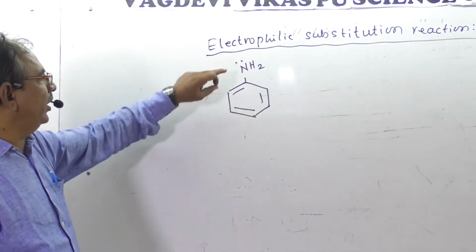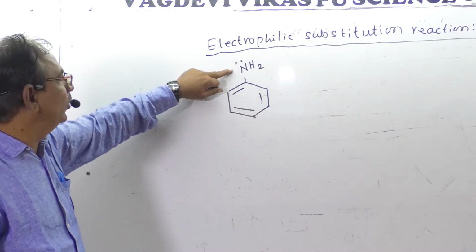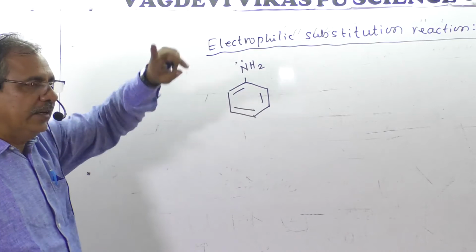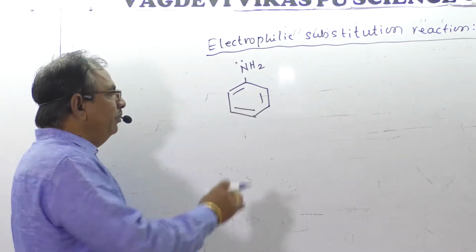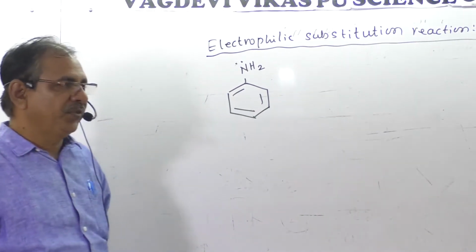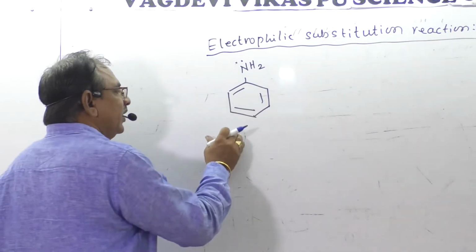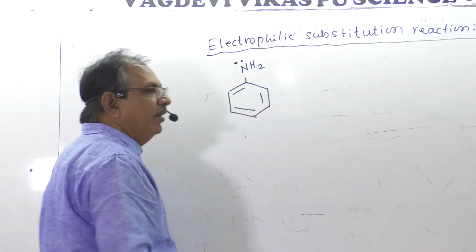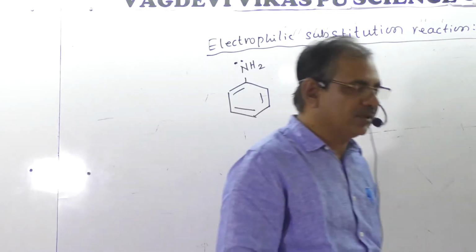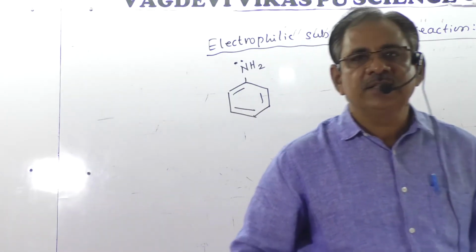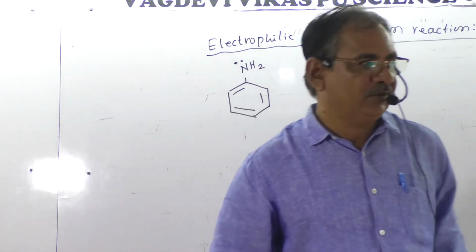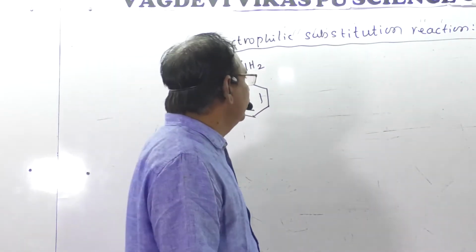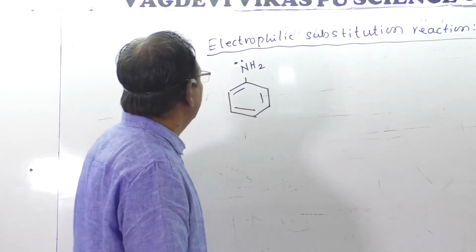The nitrogen atom of the amine group contains a lone pair of electrons. Already we have discussed the basic character of amines. Amines are bases. According to Lewis theory, bases are substances which donate a lone pair of electrons, and acids are substances which accept a lone pair of electrons.